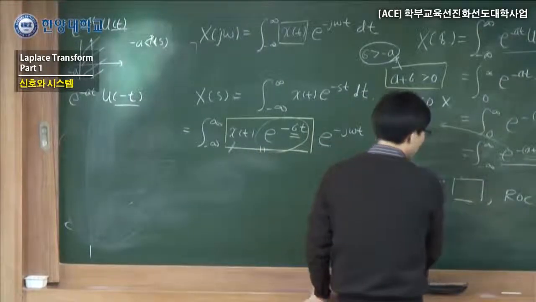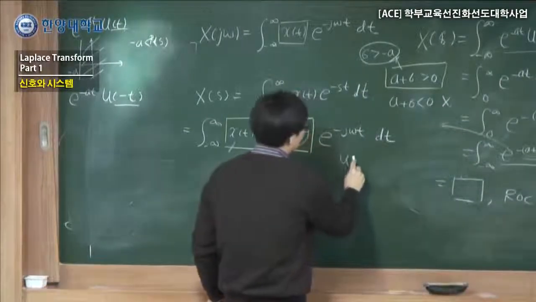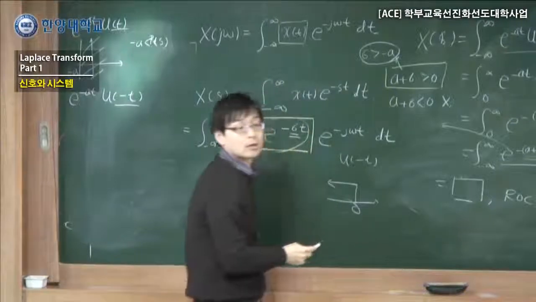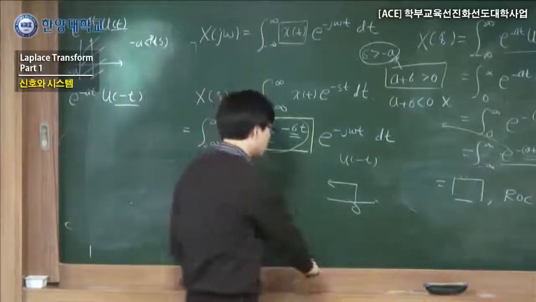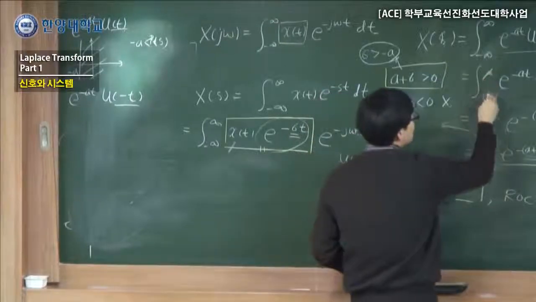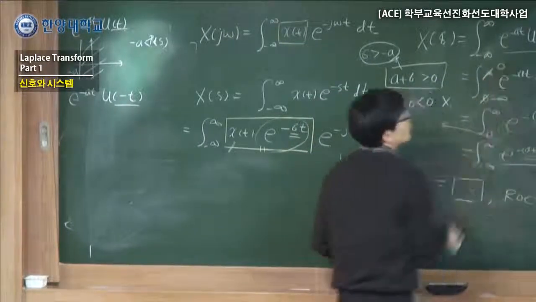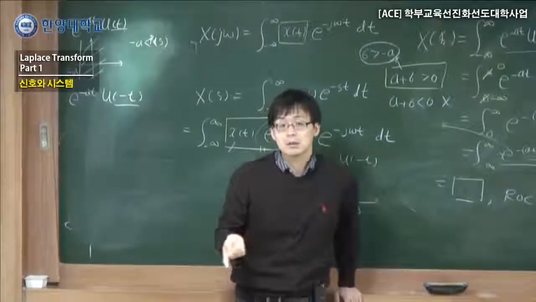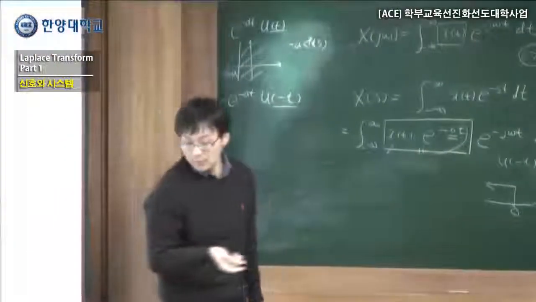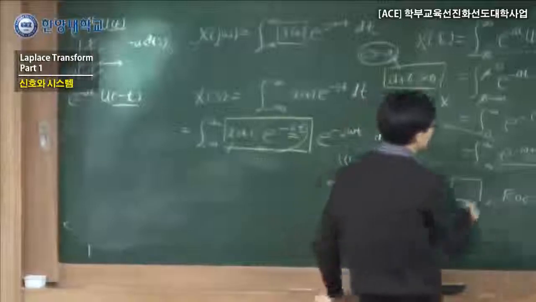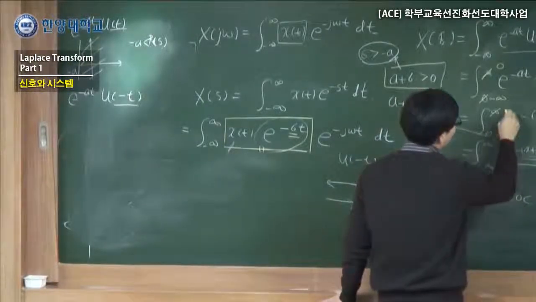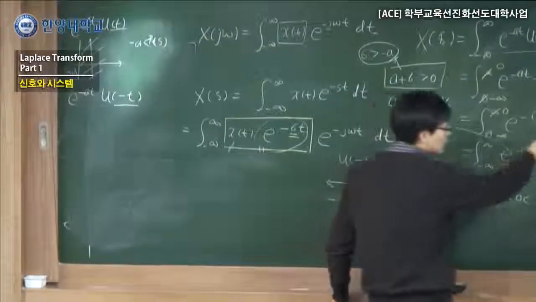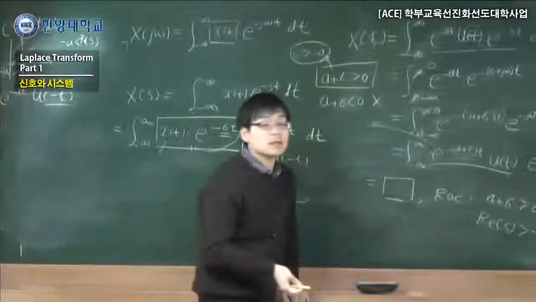Now, u of minus t is what? They are not 0 for t smaller than 0. So now, instead of this, we have minus infinity to 0. That's the only difference. How do we do it? This one becomes minus infinity to 0, meaning that the t value over here is negative.